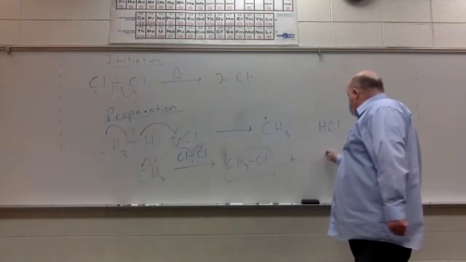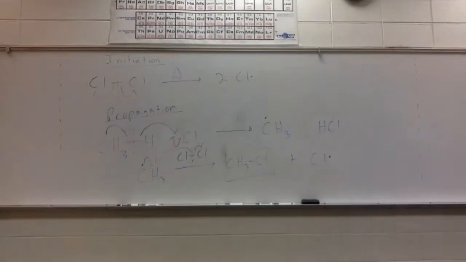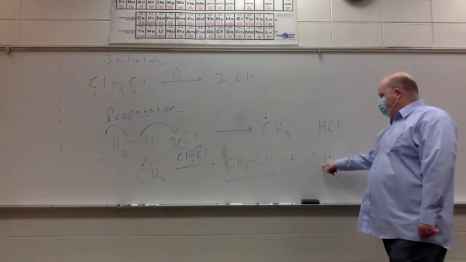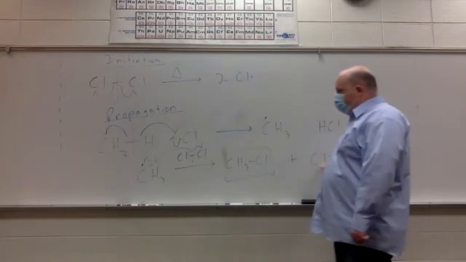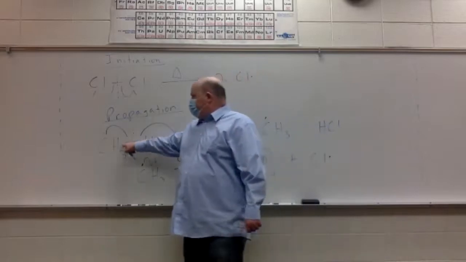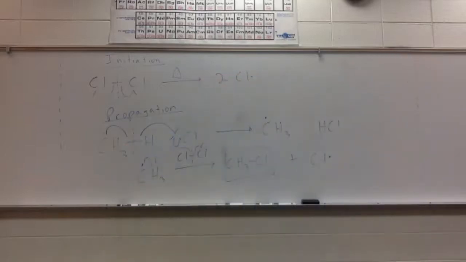But it also creates a new Cl radical. And guess what that Cl radical can do? What do you think this can do? It can go looking around for another methane, right? And so this cycle continues on and on and on. In other words, it propagates.